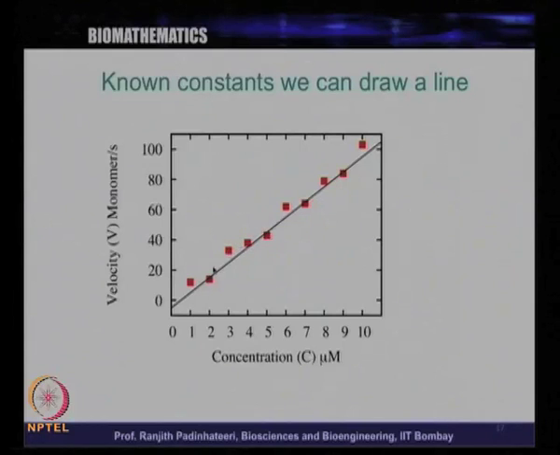Some particular values of K0 and Kd will be the best fit, because the total deviation between the experimental data and the theoretical fit data is minimal. We minimize this deviation so that we get the best fit. So, knowing the constants, we can draw a line.